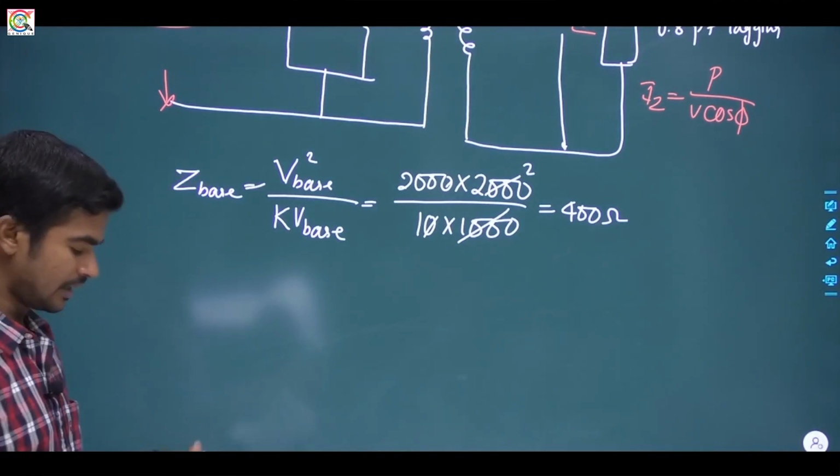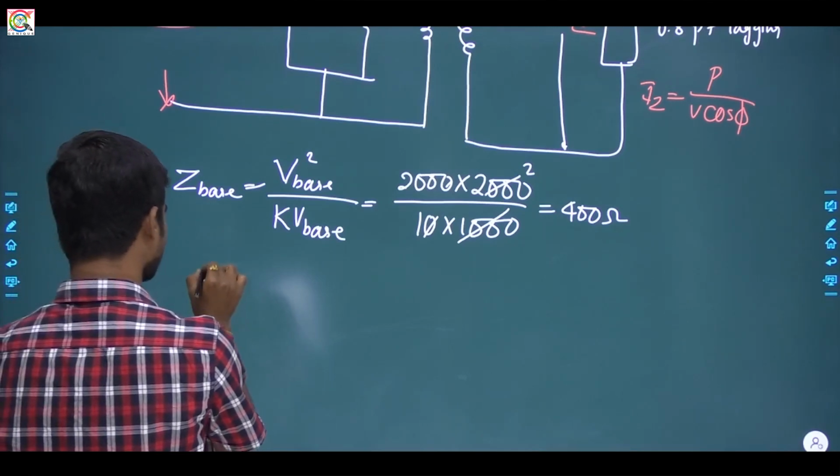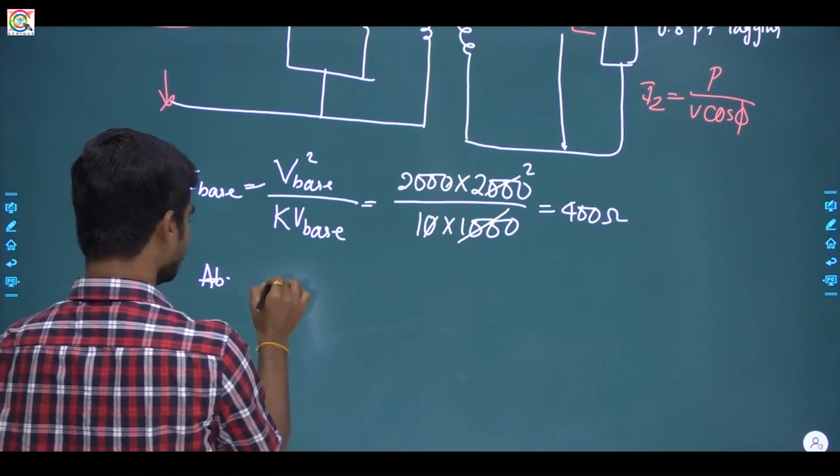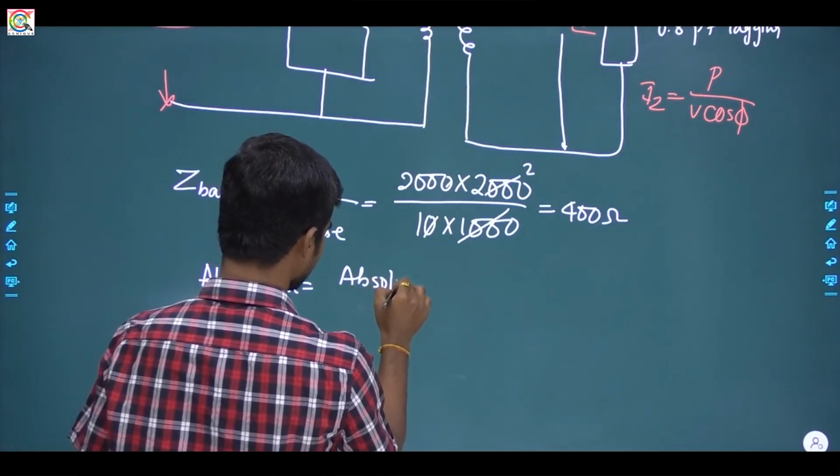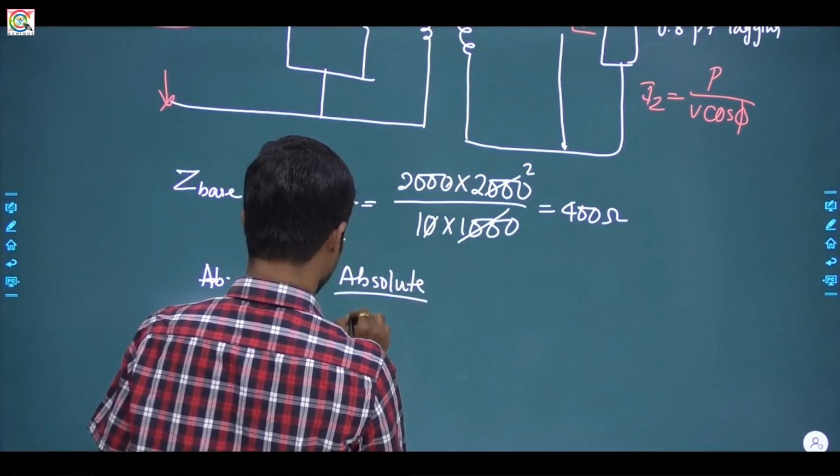Now the absolute quantity. We know that per unit is equal to absolute divided by base.